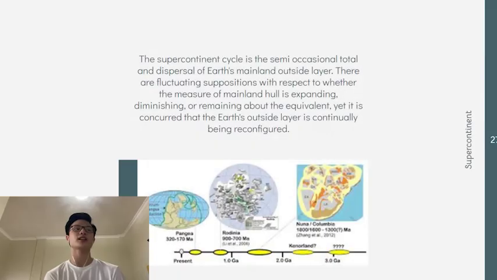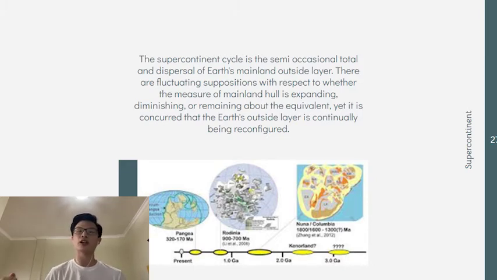The supercontinent cycle is the semi-periodic aggregation and dispersal of Earth's continental crust. There are fluctuating subduction rates, whether diminishing or remaining about the same, yet it is agreed that Earth's outer layer is continually being reconfigured.